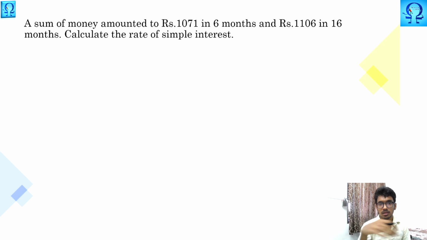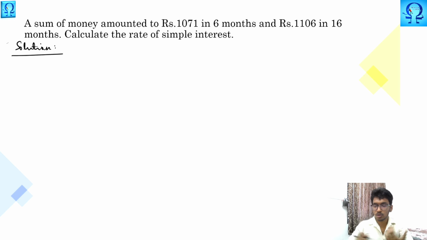The next problem that we are going to do is: a particular sum of money amounted to 1,071 in 6 months. This is a quite tricky problem. Let us examine what is given and see slowly. A particular amount, so we don't know what that amount is. Let us take P to be the principal amount.